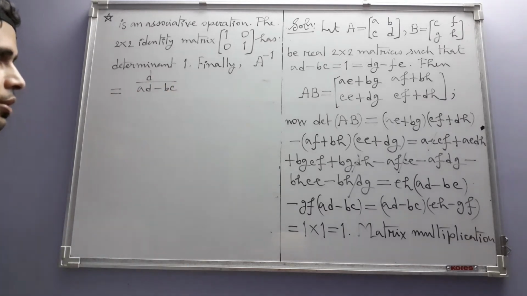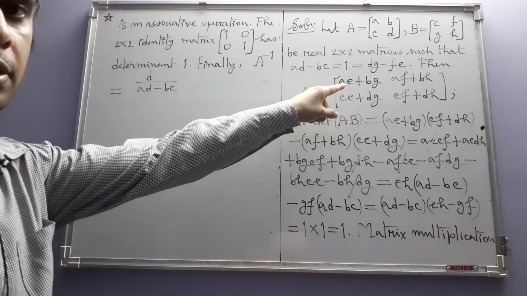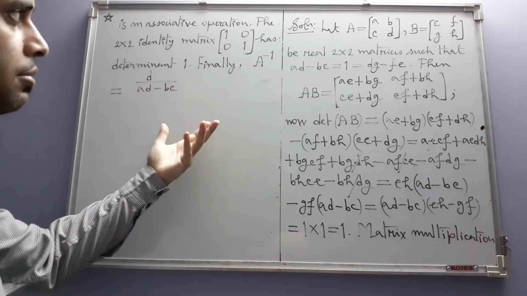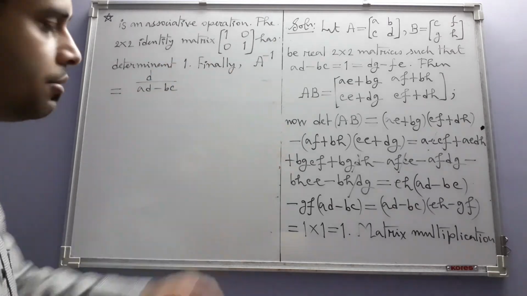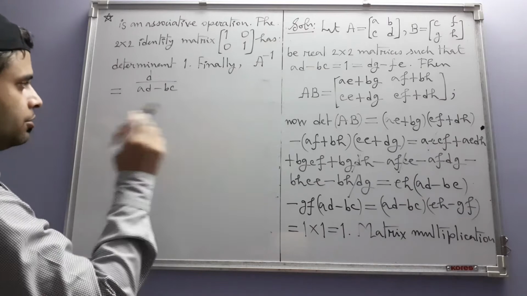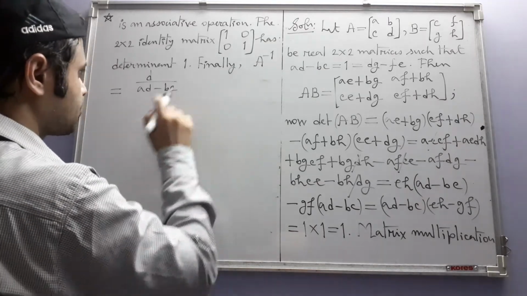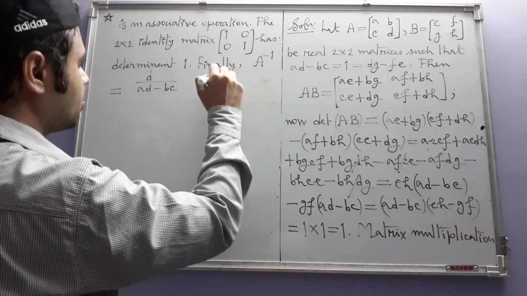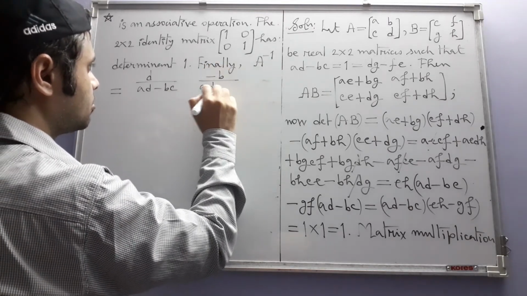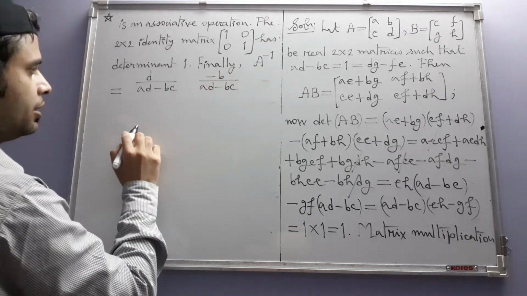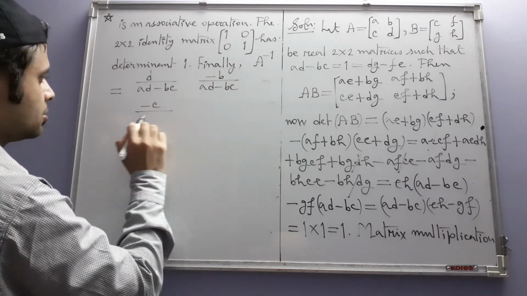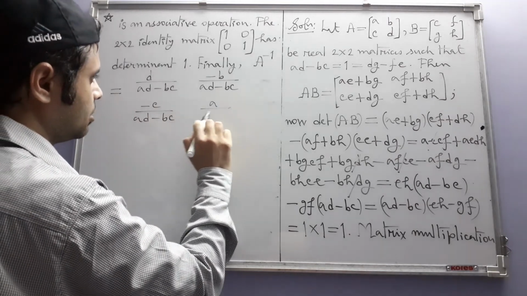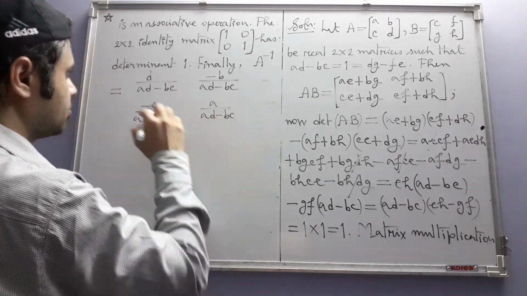Without the restriction that the determinant is 1, we have the determinant in the denominator. That is why we need the determinant to be non-zero. We are going to use the fact that this is 1, but let us just first write the expression for the inverse. Then minus B divided by AD minus BC, minus C by AD minus BC, and A by AD minus BC.